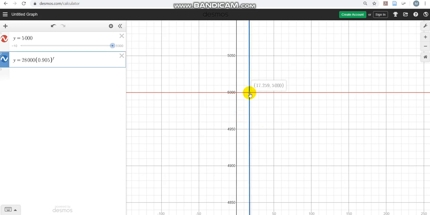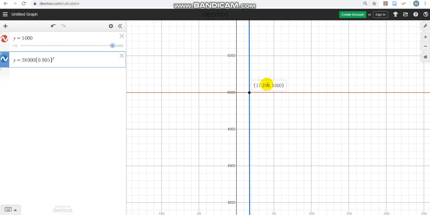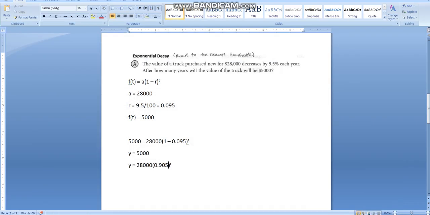But you just have to scroll in. You scroll in here, and that represents our solution to this expression. So in the context of this problem, it says how many years would the value of the truck be $5,000? It takes about 17.2, it says nearest hundredth.